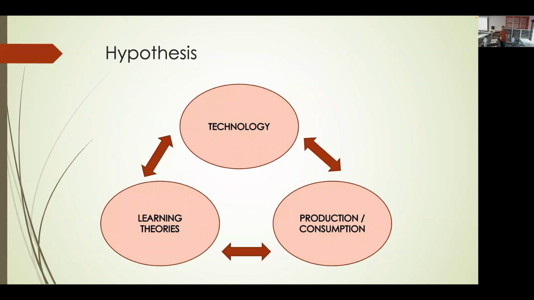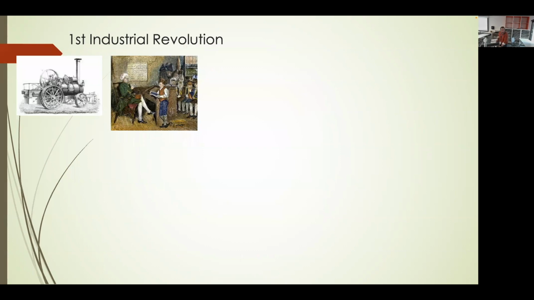My main hypothesis is that everything works together through interconnection: the technology and its transformation, the learning theory, and the system of production and consumption in society. It all works together and progresses together. So I will tell a short story. First revolution, the steam machine, a revolution of transportation.